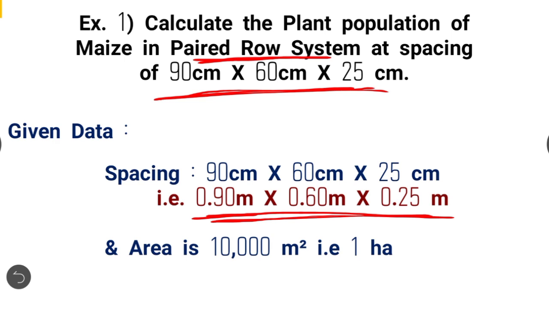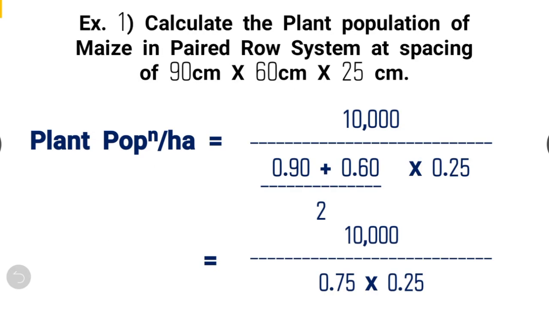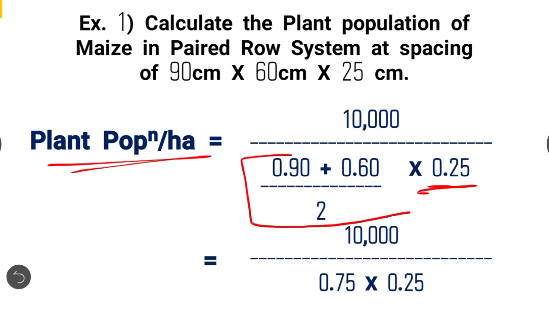Putting these values in the formula, the plant population per hectare equals 10,000 divided by (0.90 plus 0.60) divided by 2 into 0.25. We did this step because we have to consider the mean of paired row and inter-row distance.